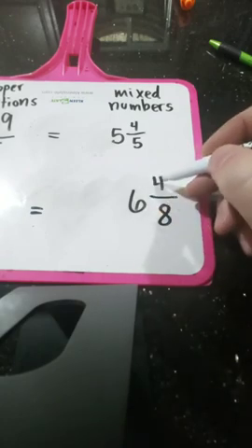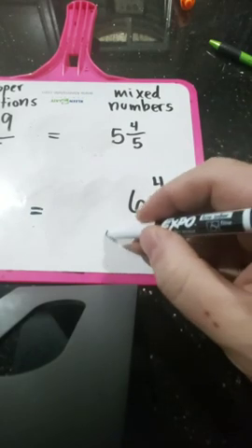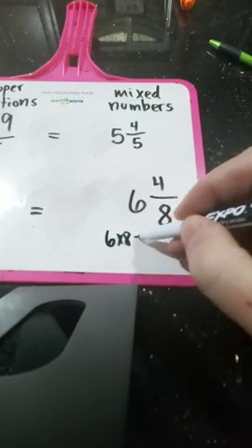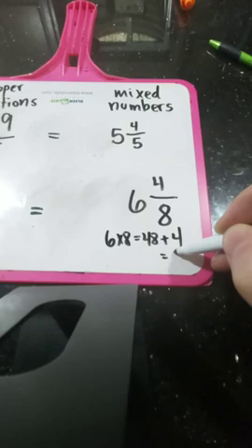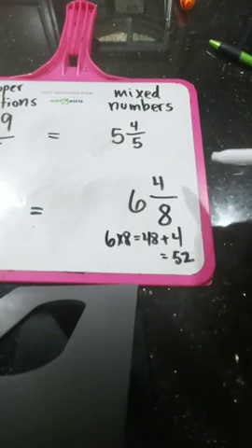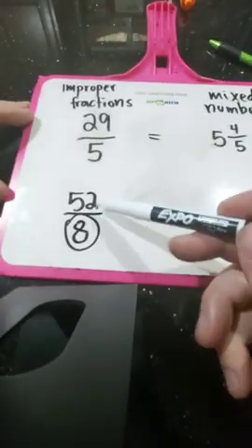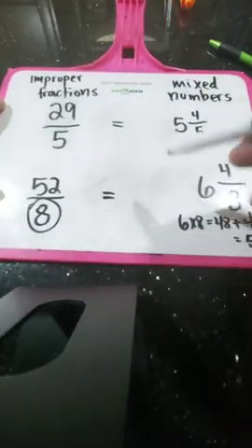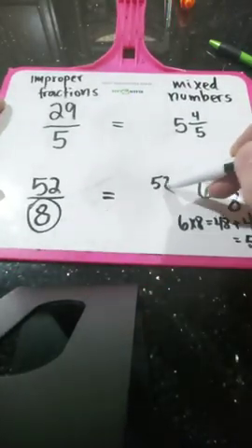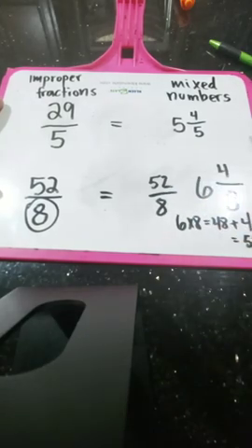Plus 4. Okay? 6 times 8 is 48. Plus 4 gives us 52. Okay, 52, as you can see, is our numerator, and 8 is our denominator, so 52/8.